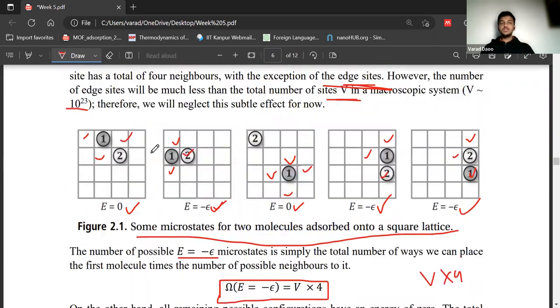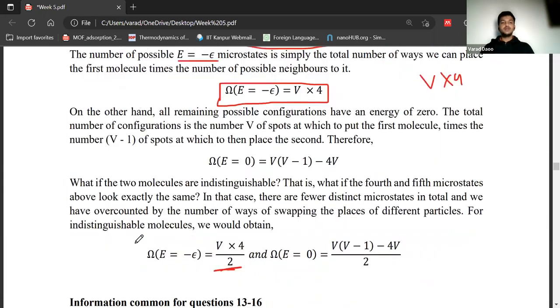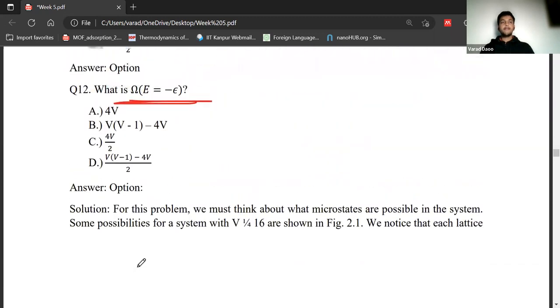For example, here you see this and this are the same thing, because here we have represented molecule one and molecule two. So we have made the molecules distinguishable, whereas in reality molecules are indistinguishable. They are the same. So in that case, we have to divide. So this is the answer to the first question.